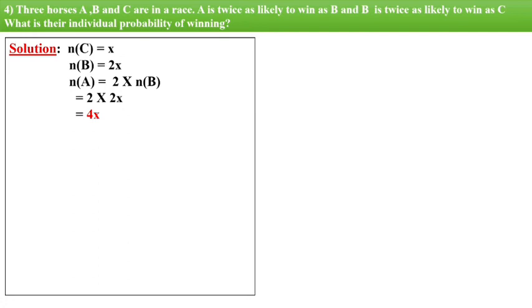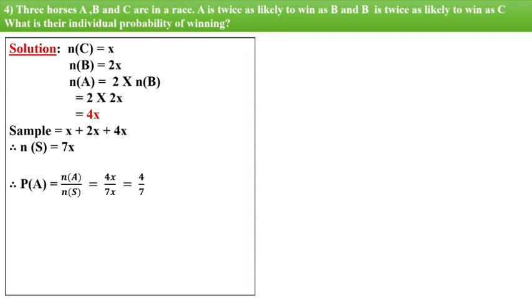Now here we have to find the probability of A, B, C. First of all we will write the sample space S. How many samples do we have? x plus 2x plus 4x, total is 7x. Number of samples is 7x. So here we will find the probability of A equal to number of A upon number of S. What is the number of A? 4x.